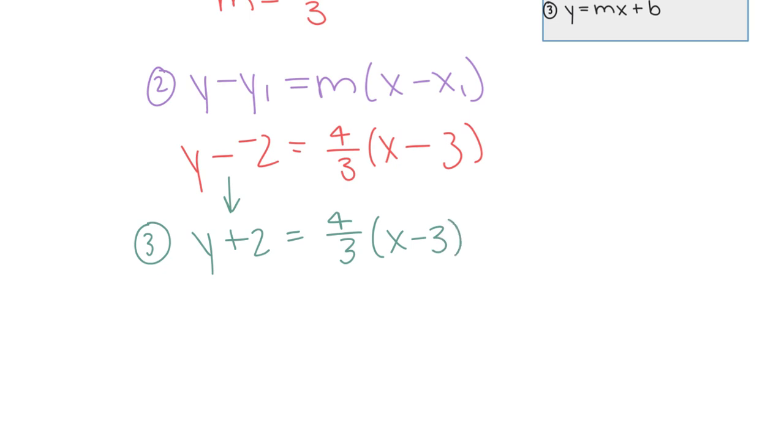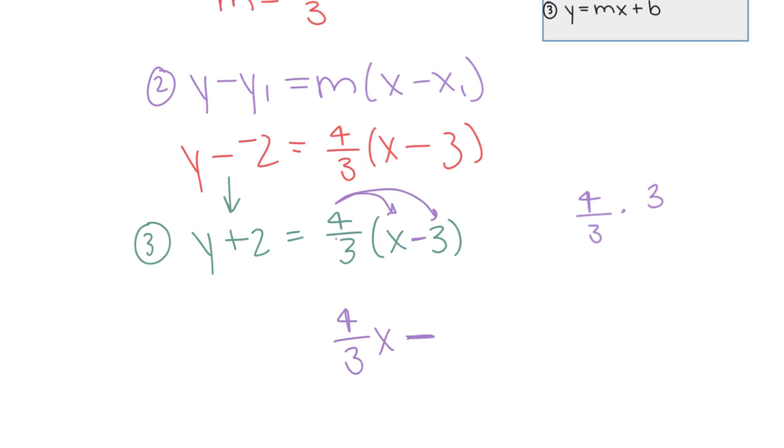Distribute, and then bring the number next to the y over. When I distribute here, it gets a little weird with that 4/3. Remember, you can use your calculator to do 4/3 times. I like to just deal with the minus first. I know if I'm doing positive times a negative, that's going to make it negative right here. And then 4/3 times 3, you could use your calculator.